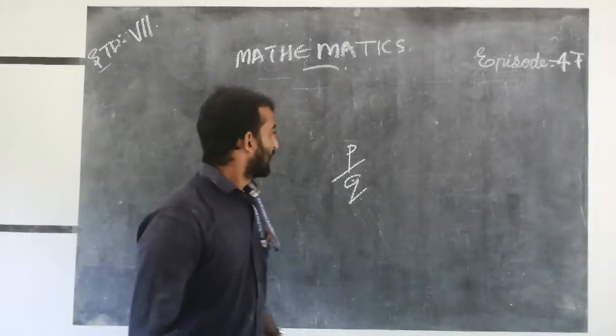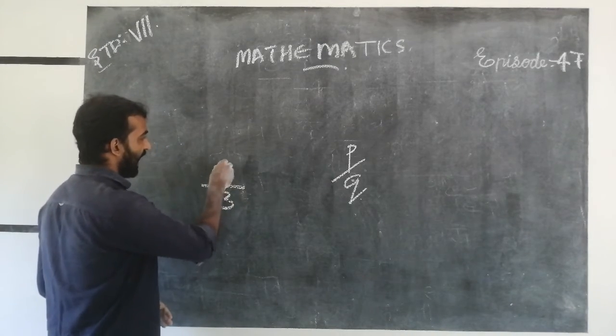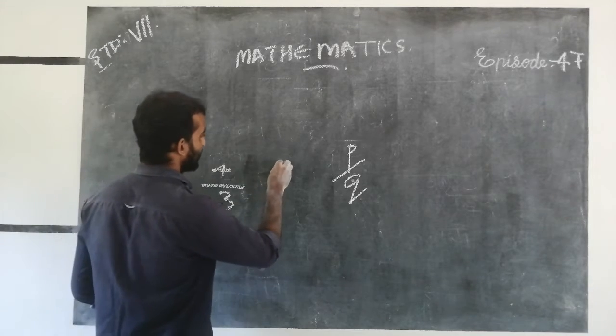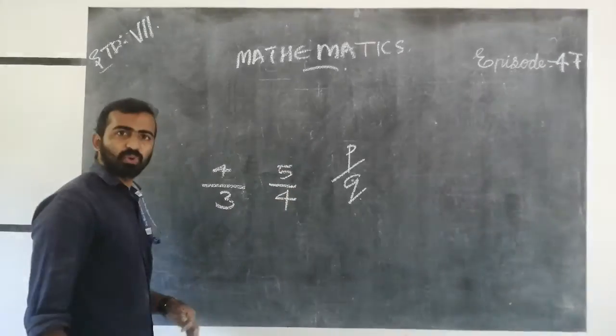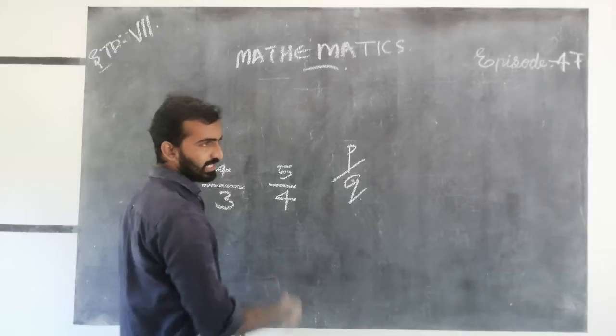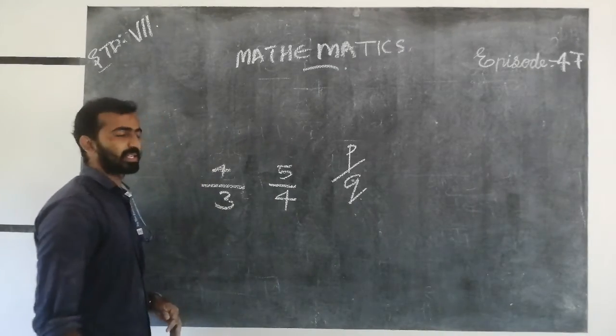That is, 4 by 3 is a rational number and 5 by 4 is also a rational number. As we want to compare these rational numbers, we convert them to the same denominator.